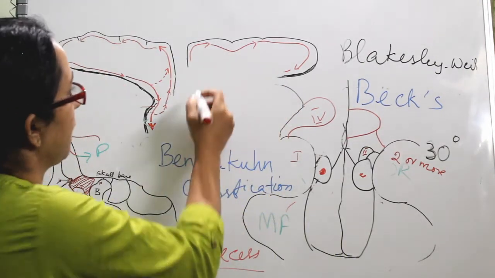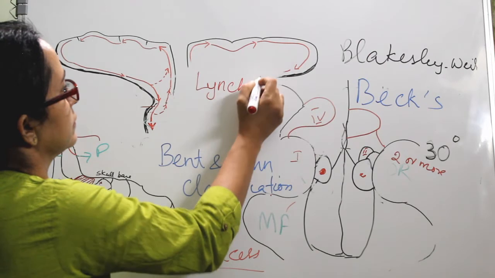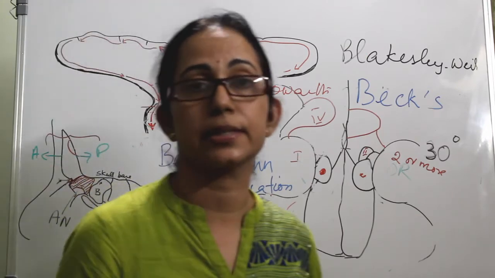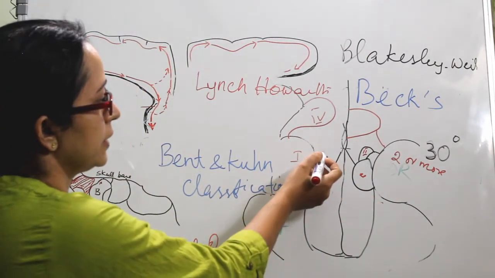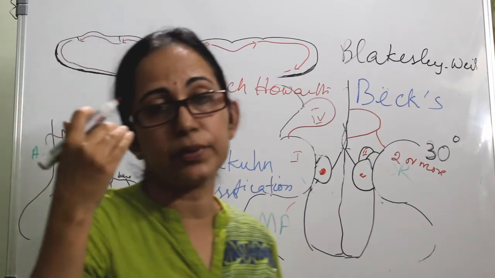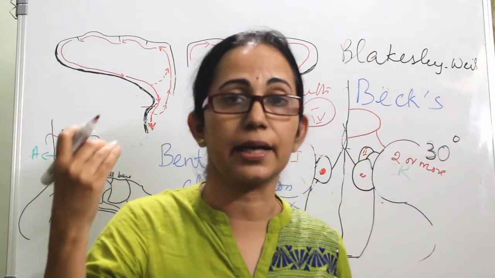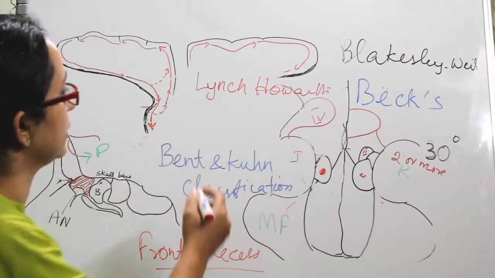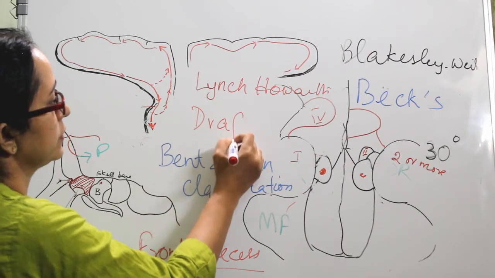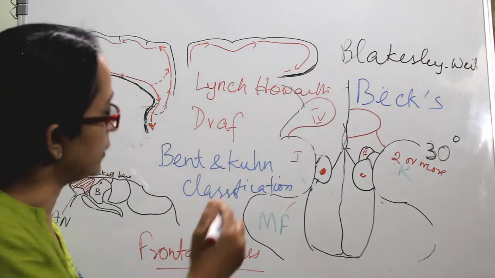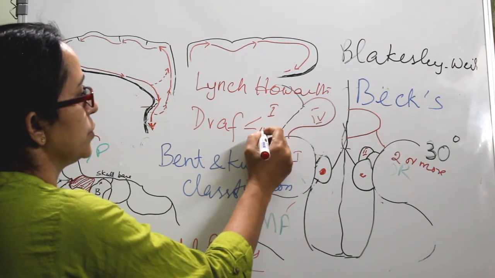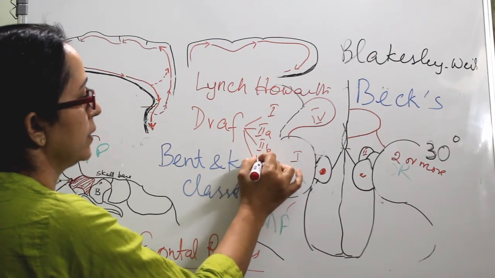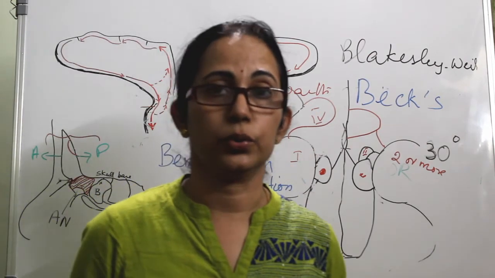Okay, Lynch-Howarth operation, that is the external frontoethmoidectomy, and the medial limb of the Lynch-Howarth incision can be extended laterally depending upon the extent of the disease. That is external. And internal, mainly it is the Draf procedure. There are 4 types, that is the Draf 1, 2A, 2B and 3 or modified Lothrop procedure.